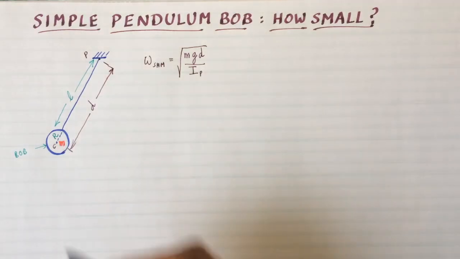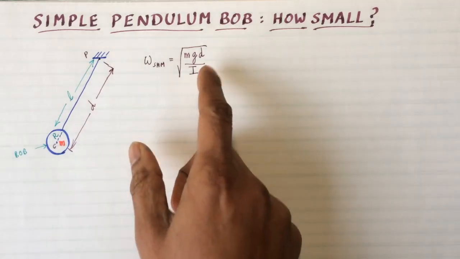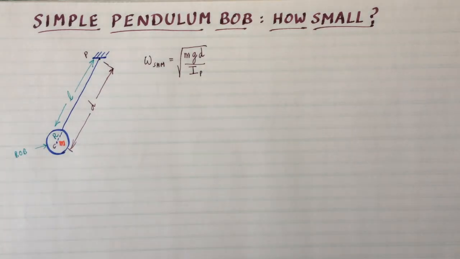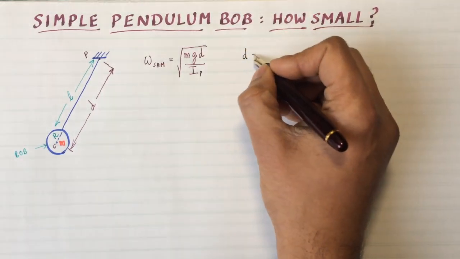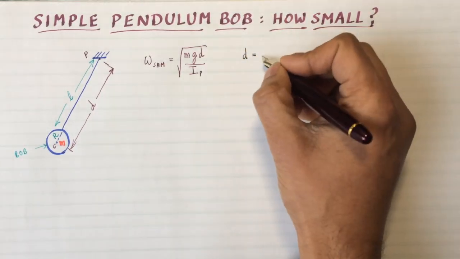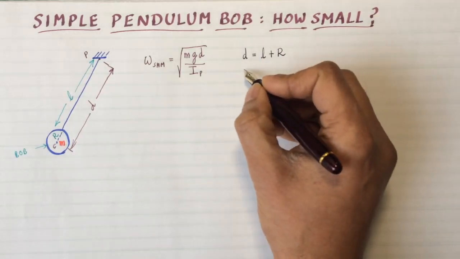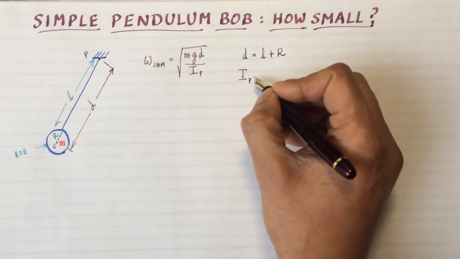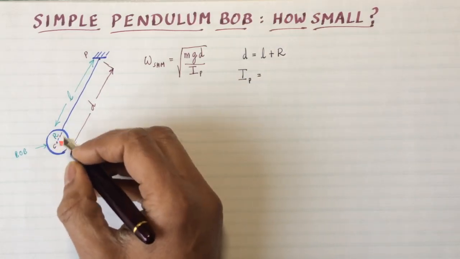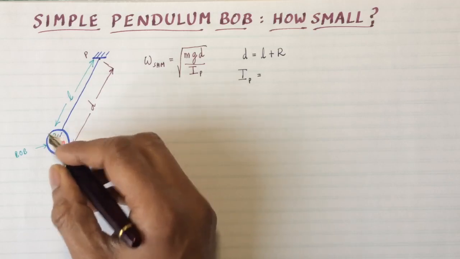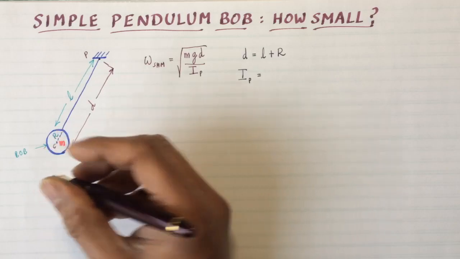Now let's try to write an expression for both d and for I sub p. The distance d from geometrical considerations, just by looking at the figure, is L plus R. The moment of inertia of a spherical bob, now usually pendula, the plural of pendulum, are made out of a solid object like iron, for example.